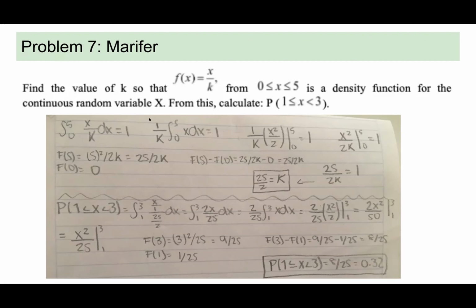Okay, so we solve our integral as we usually do. We take out the k, so it is 1 over k since it is a fraction, and we leave this the same.